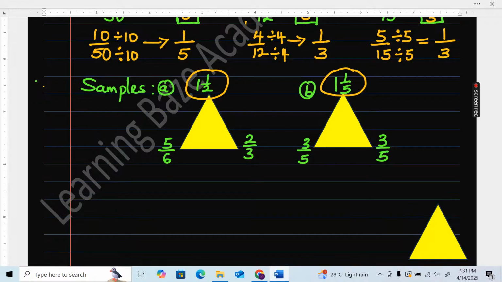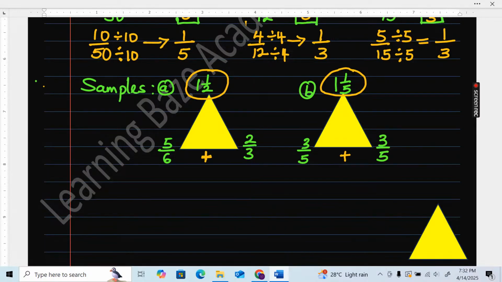Pay attention, everyone. When I thought about it, I discovered that it was addition. So we are going to add the two fractions below to get the one above.